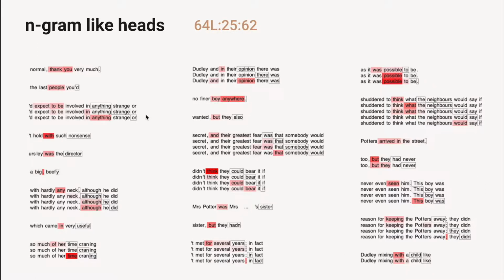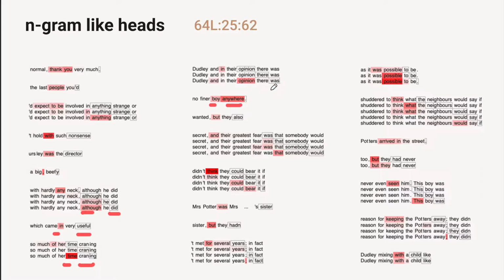It's interesting going through these. This one maybe is even a little bit less compelling. I think I set a lower threshold for whether to include things here. Well, it makes sense that "thank you" maybe increases the probability of a period. "People," I don't even know, like "people subjunctive." "Anything or with nonsense," "was director." "Although did," "in useful," "time xing," we've talked about that.